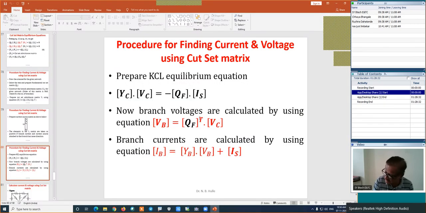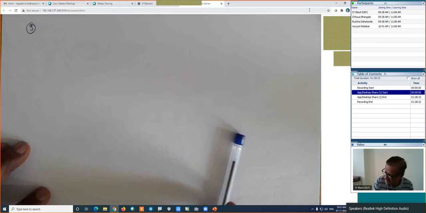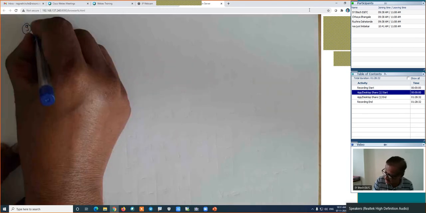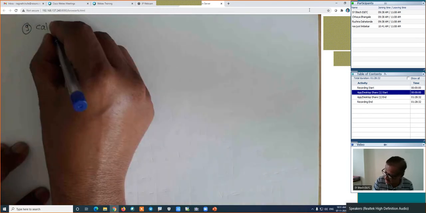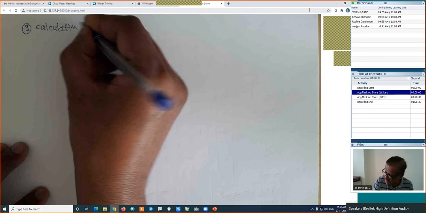Now, branch voltages can be calculated by using the equation VB is equal to QF transpose into VC, where VC is the cut set voltage we have just calculated. Step number 9 is the calculation of branch voltages.